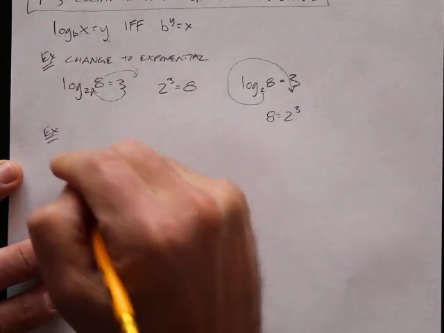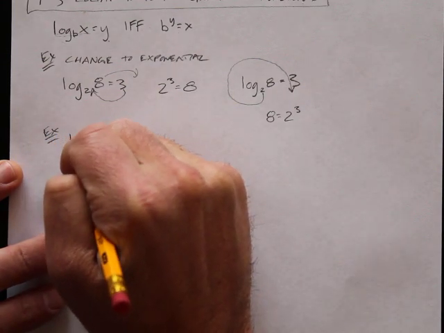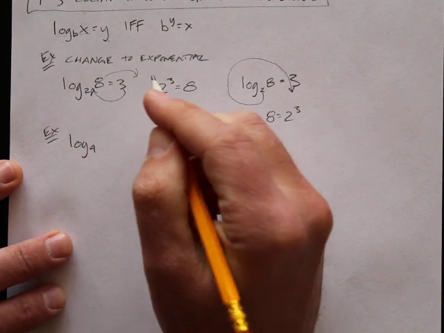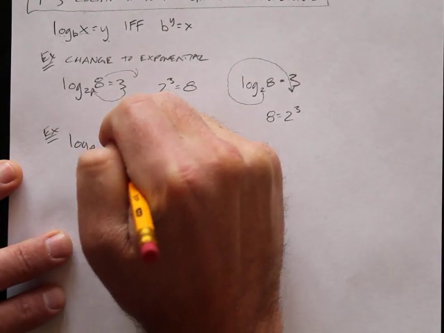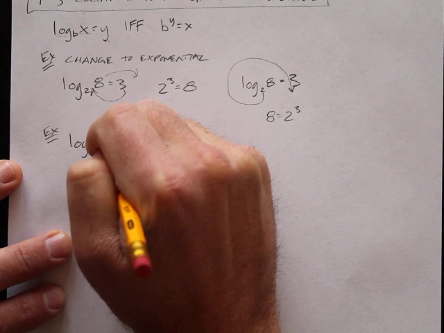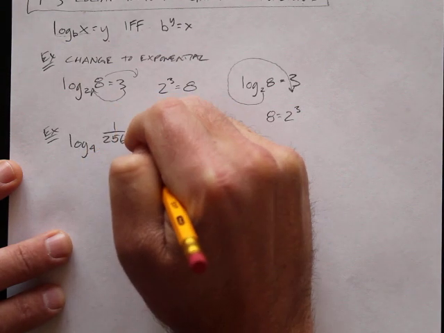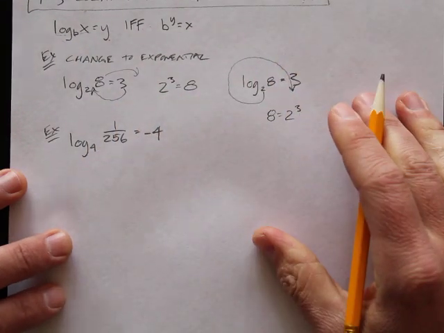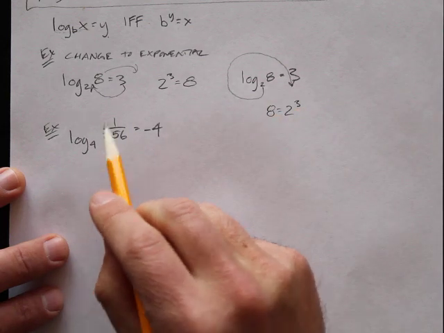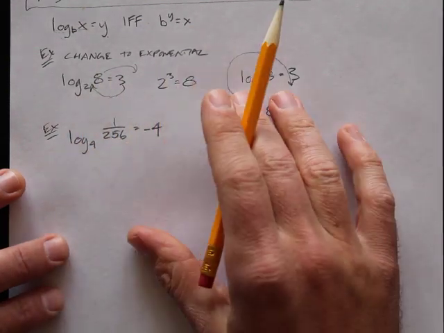let's do some more examples. So I've got the log base 4 of 1 over 256 equals negative 4. So I'm supposed to change this to exponential form.